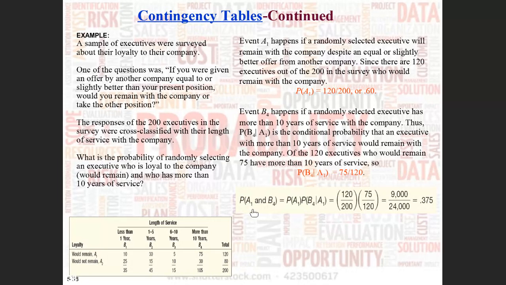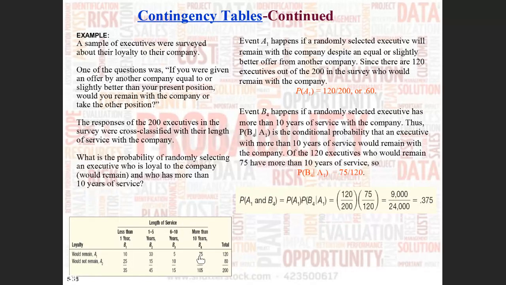Okay, and the probability of A1 and B4, A1 is they would remain, and B4 is more than 10 years, is equal to the probability of A1 times the probability of B4 given A1, 120 divided by 200 times 75 divided by 120 is 9,000 over 24,000 or 0.375. But you can also just look at the table.